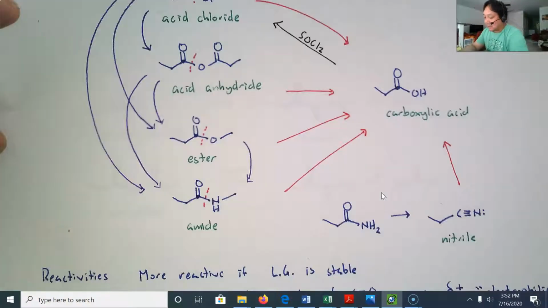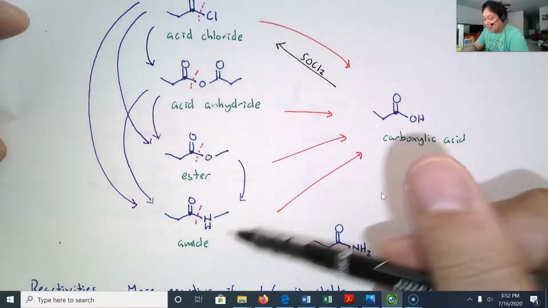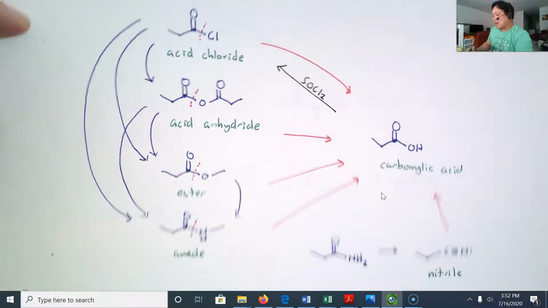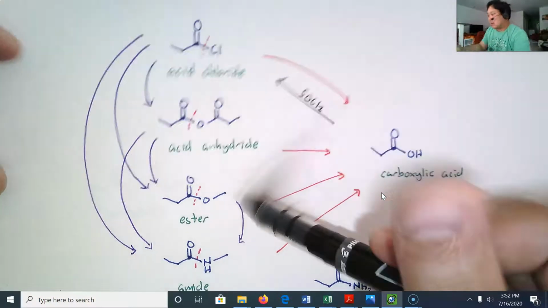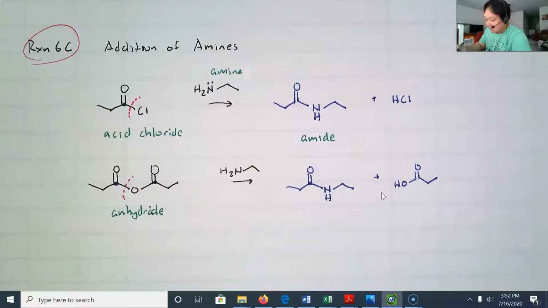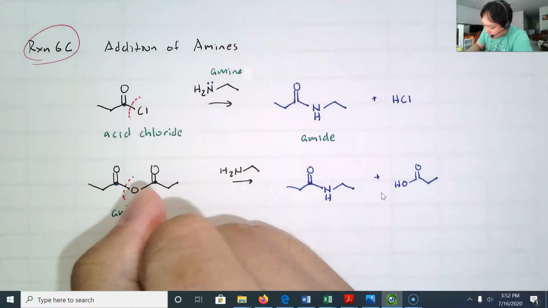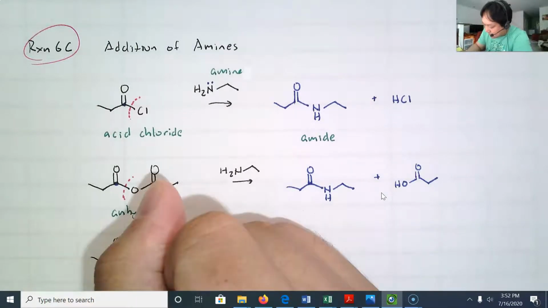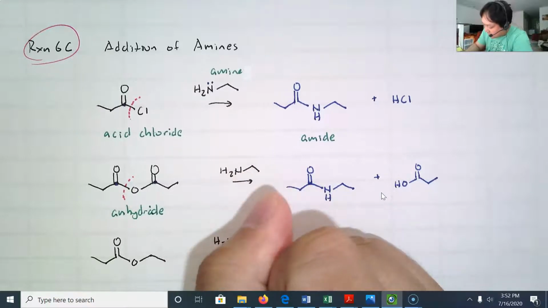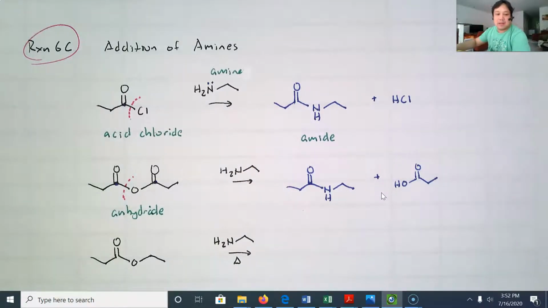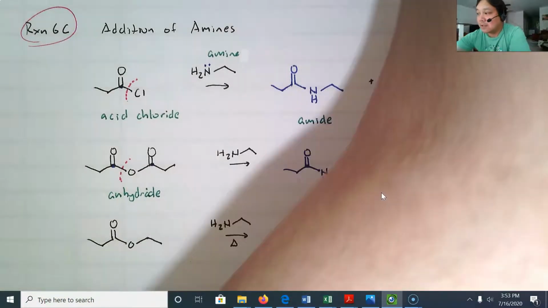Going down the ski slope, we could go from the ester to the amide. But you know that esters are less reactive than anhydrides and acid chlorides. We could deal with that by just adding heat. H2N. We don't have to do acid catalysis like we did with hydrolysis.